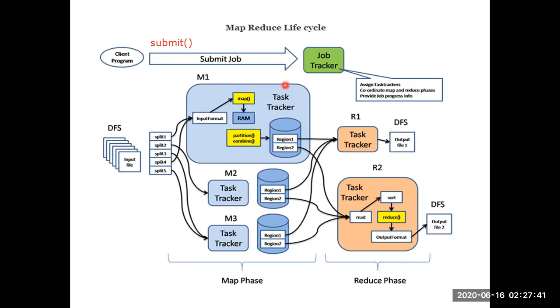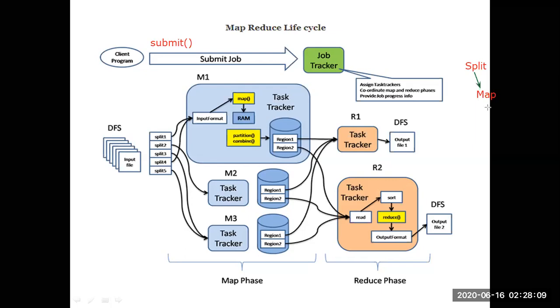The task tracker is the one which is happening in between this map phase. Let me make it a little bit clear. Initially when I submit my problem, first I will start with the split phase. Once split is done, I will do the map phase, and then I will get into the next phase, called reduce combine.